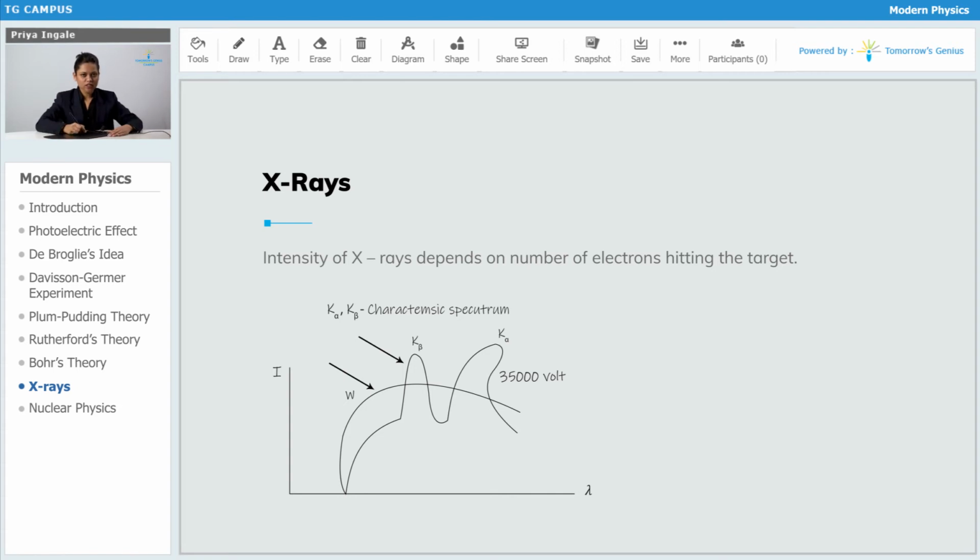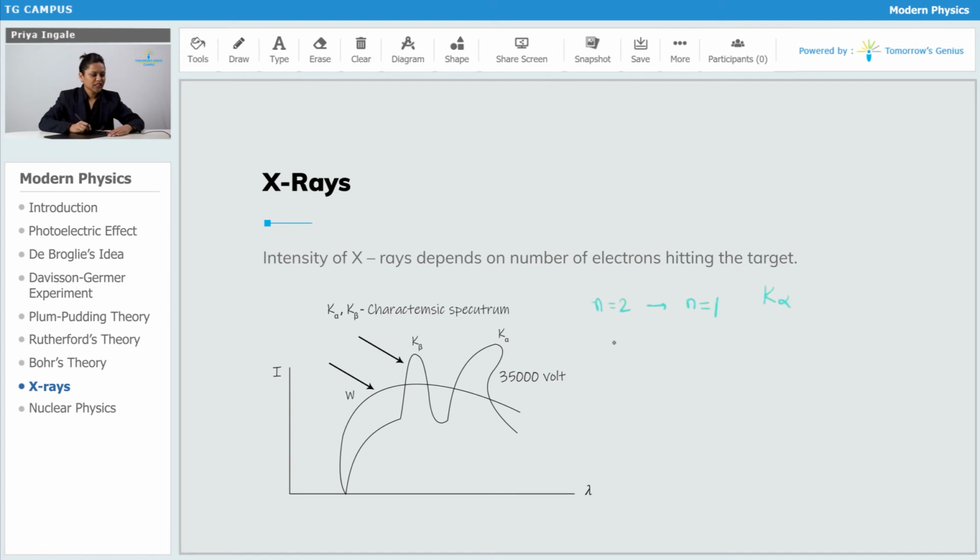Now let us see what is the difference between continuous spectrum and characteristic spectrum. Actually there are a number of characteristic spectra, but here we are mentioning only two. One is K alpha and the other is K beta. So when electron jumps from level n equal to 2 to level 1, then the characteristic X-ray will be in the series K alpha.